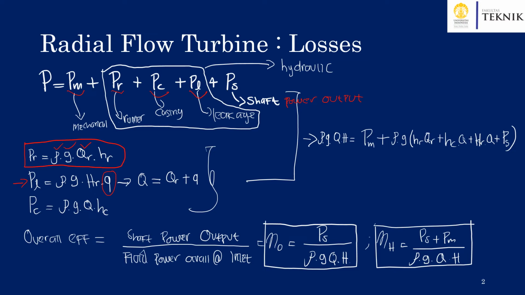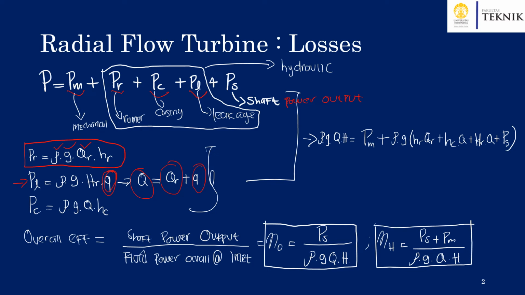So small q here is the amount of flow that is lost when it passes through the runner, so that we know that Q is the actual or total flow, and then we have QR, the flow that passes through the runner, and small q is the leak flow rate.